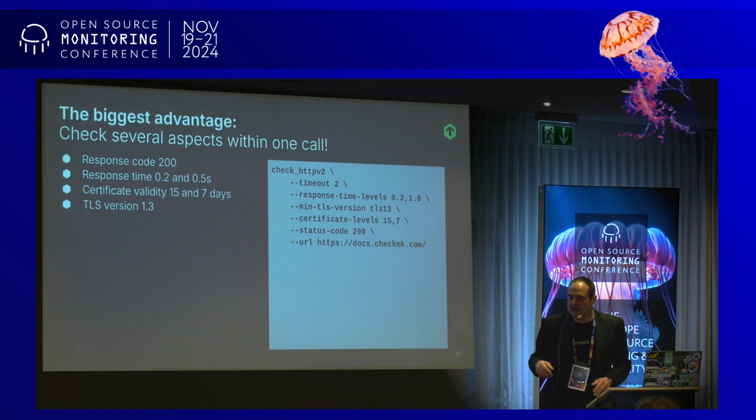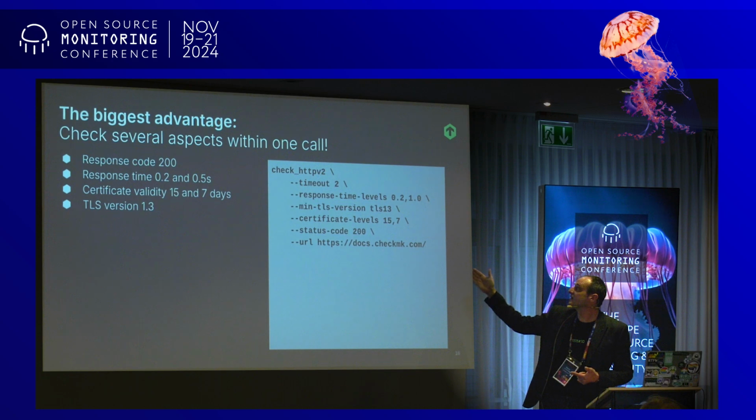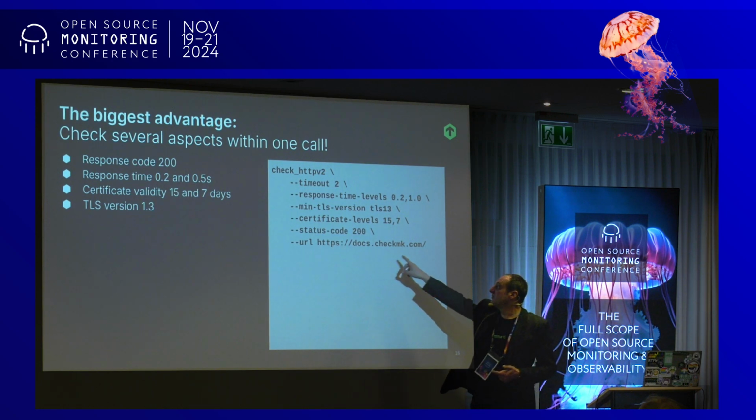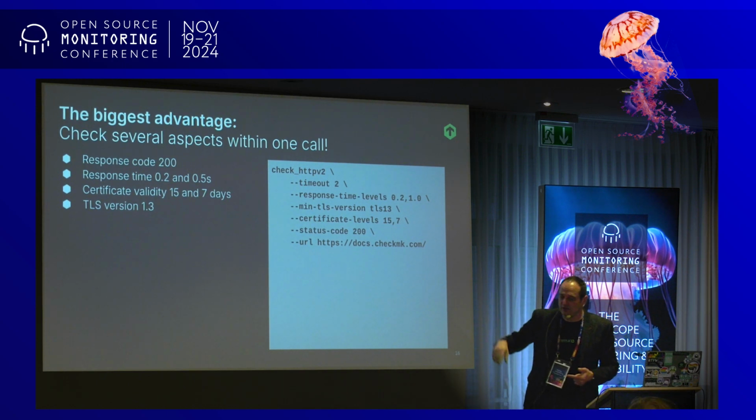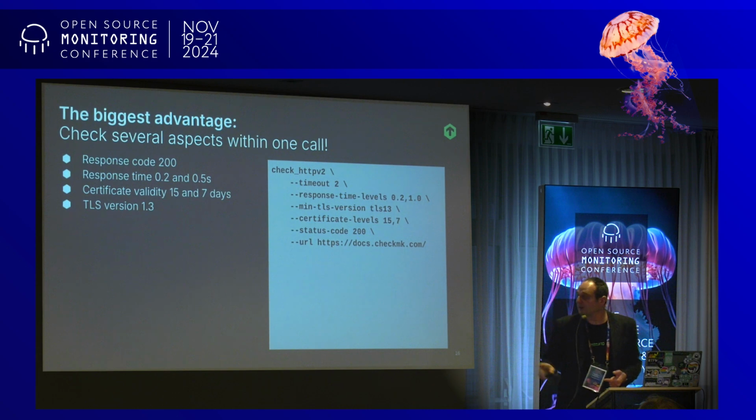Now, the biggest advantage surely is you can now with check.http v2 check TLS version, certificate lifetime, here 15 days for warning and 7 days for critical, the status code, and implicitly it will also check that the server name docs.checkmk.com is correctly contained in the certificate.